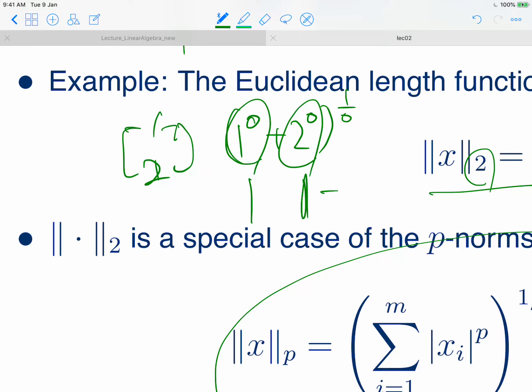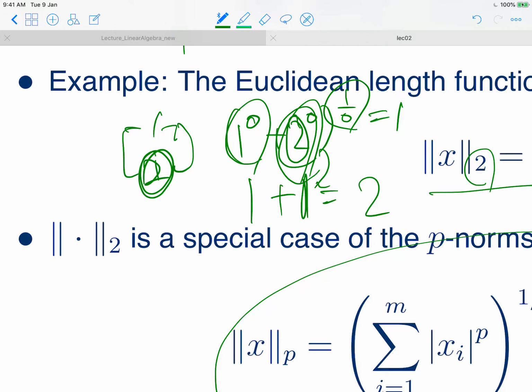So if we just set it as 1, then it would be 2, right? But what if we have a 1 and 0, and then 0 to the power of 0 is not even defined, I'm not sure, but 0 to the power of 0 can be considered as 0, right? And so in that case, it is actually counting the non-zero elements.